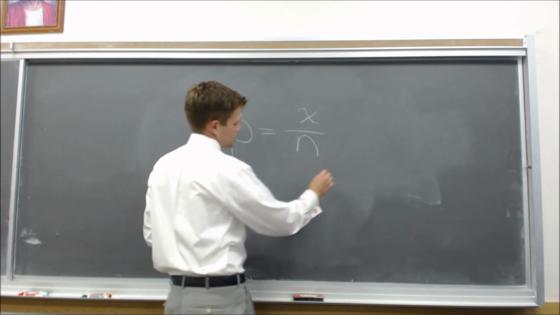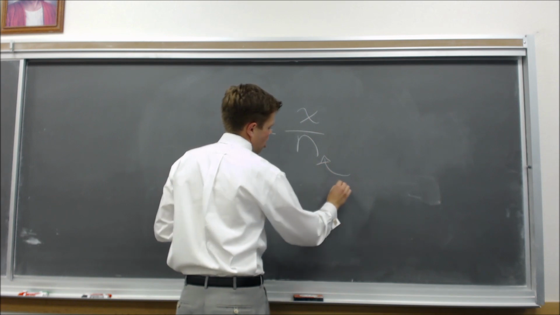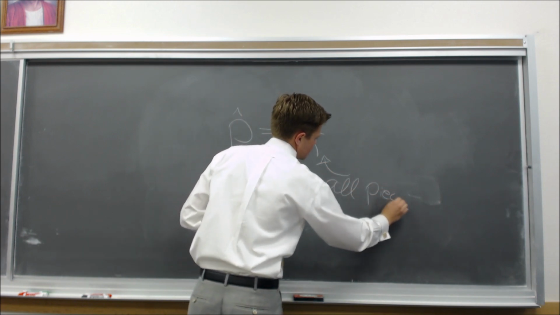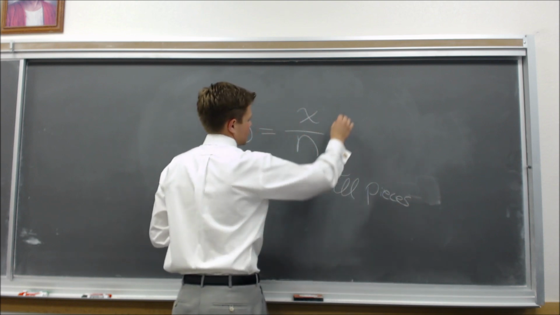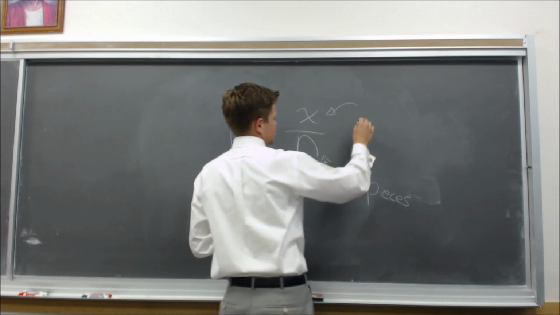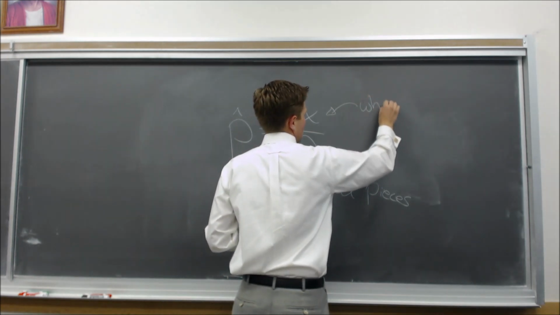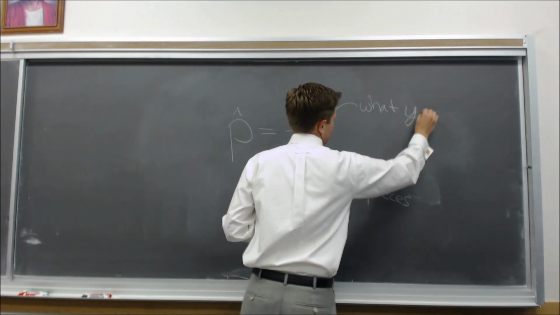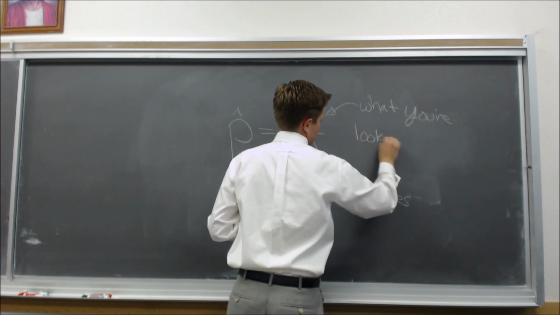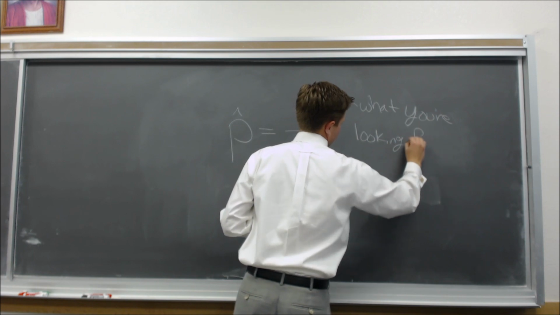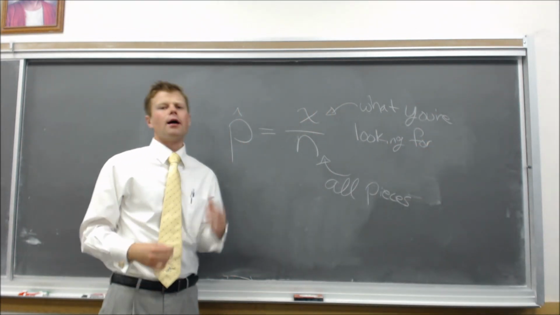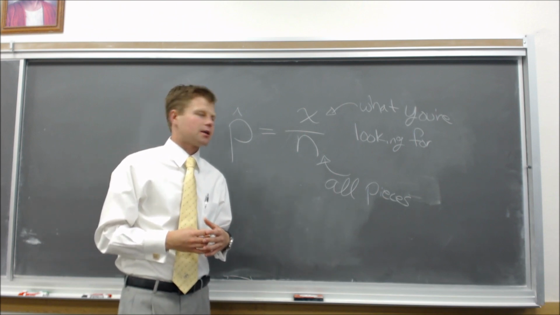The n represents all pieces. And the x represents what you're looking for. A few quick examples will help understand exactly what that means.